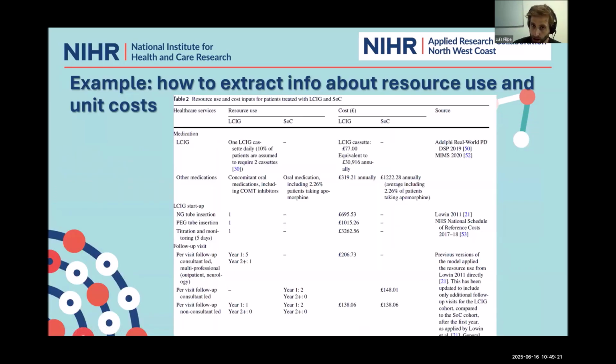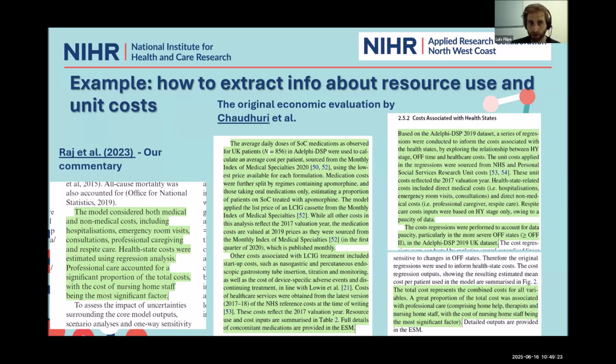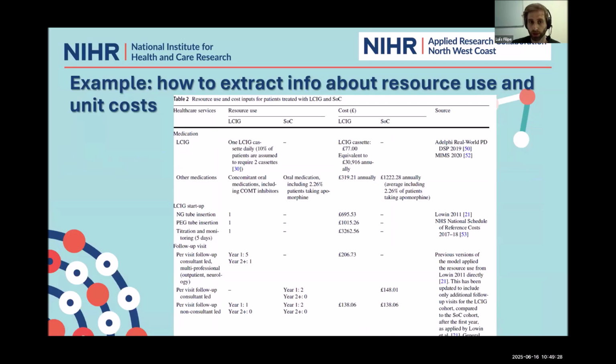So here is just an example of how in this paper, by Chowdhury et al., they show the costs. So I went to check the table. So we have it here, and you can see how it looks like. So for instance, the medication of this LCIG, you have the resource use.